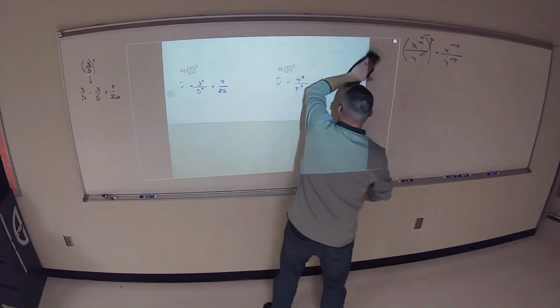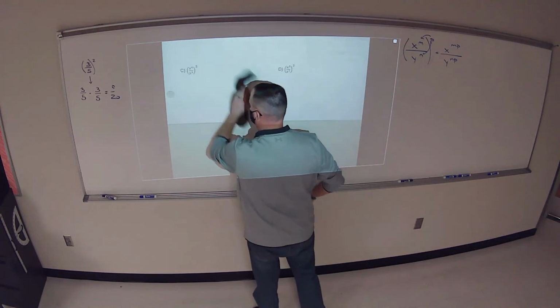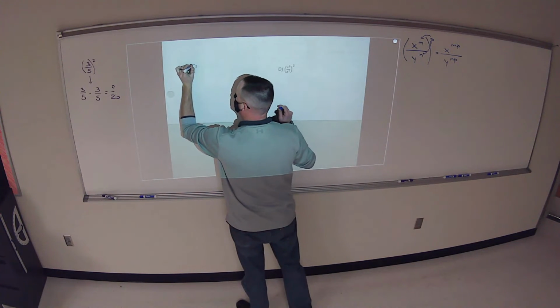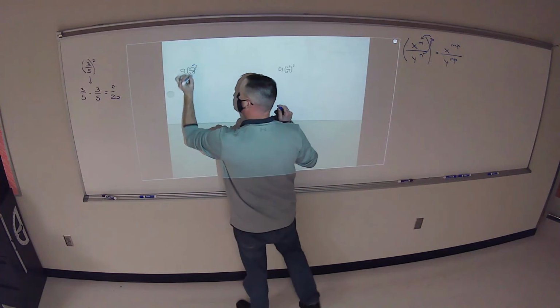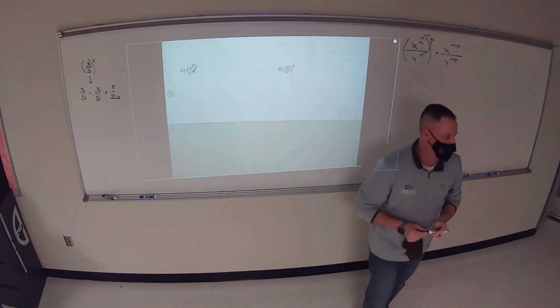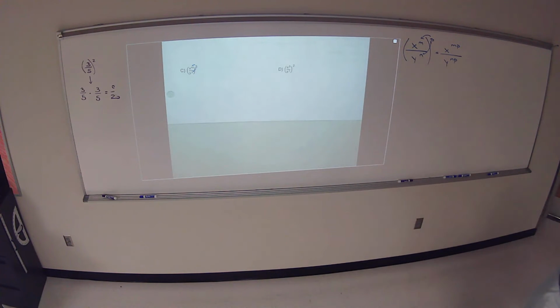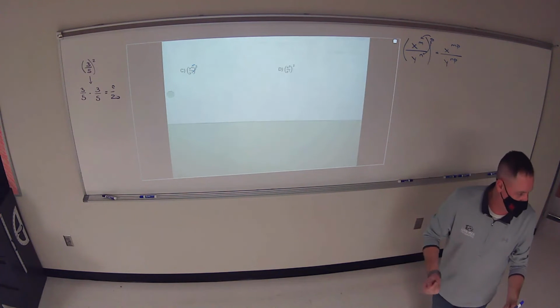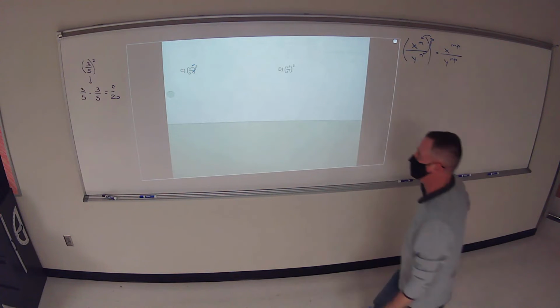So on the top, we have an x to the 4th. On the bottom, we have a y to the 3rd. Each of these should be taken to the 5th power. Now, what I've seen from most of you is you're able to skip the step that I'm going to show you, but just so your notes should be something you go back and learn from, not just something we do busy work for.